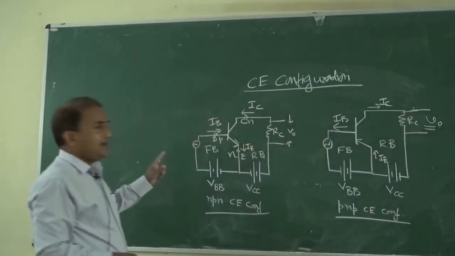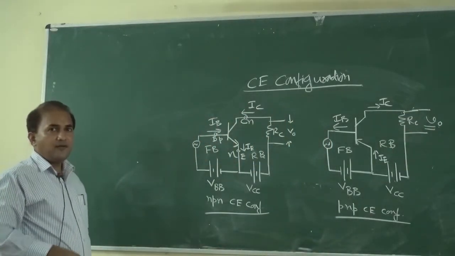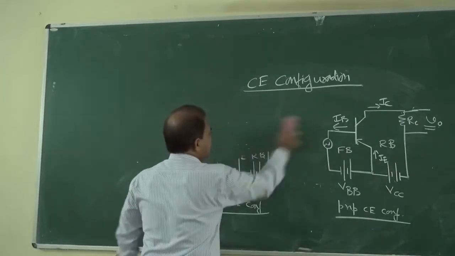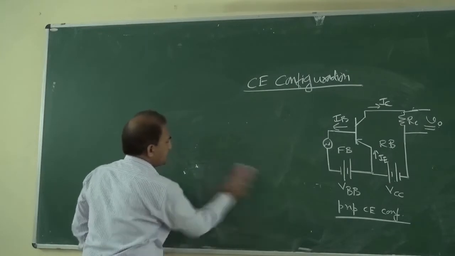In common emitter configuration, we have to study the input characteristic curve and the output characteristic curve.